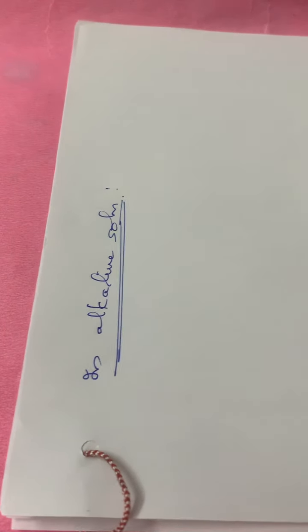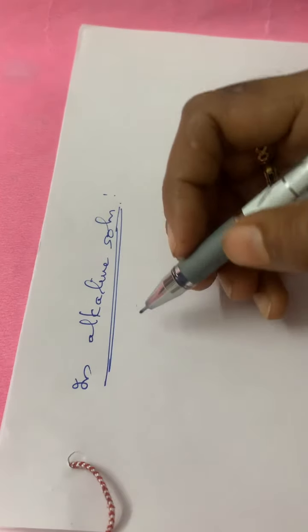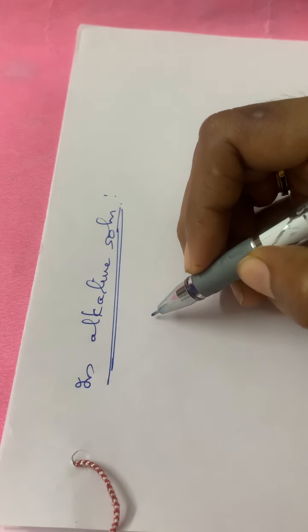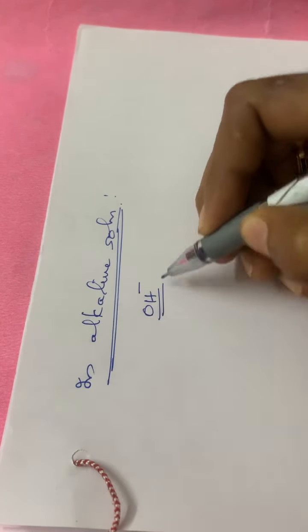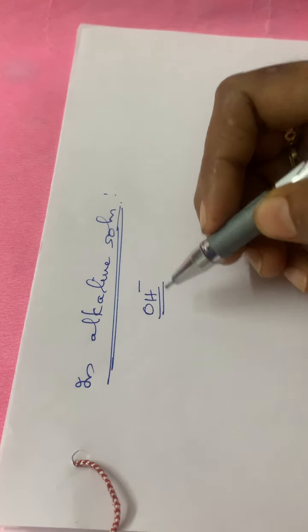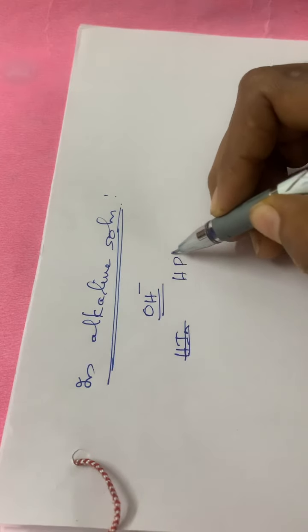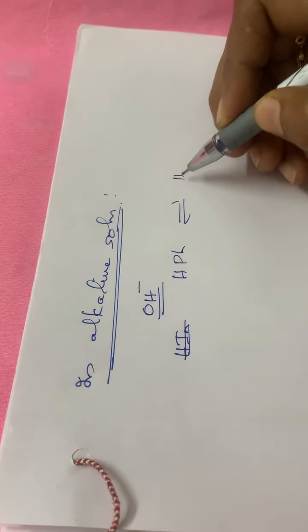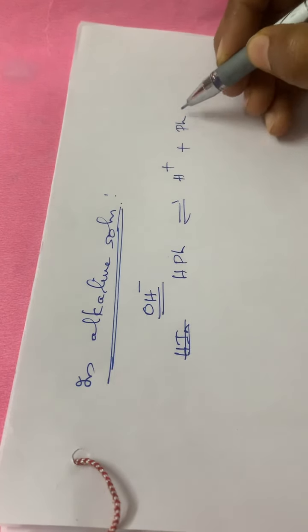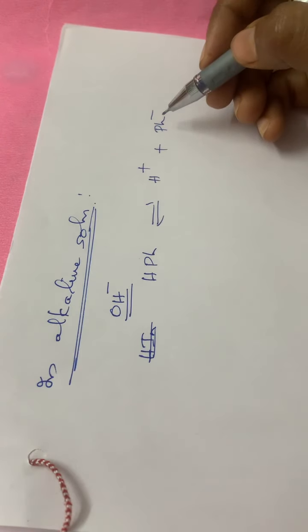In alkaline solution, there will be an excess of OH minus ions. So this HPH, phenolphthalein, will be ionizing as H plus and pH minus. This is a weak organic acid.